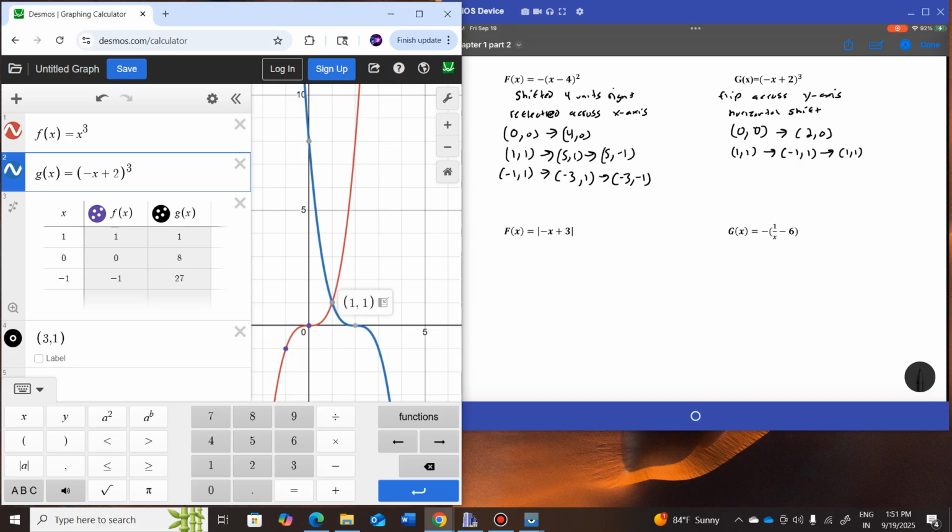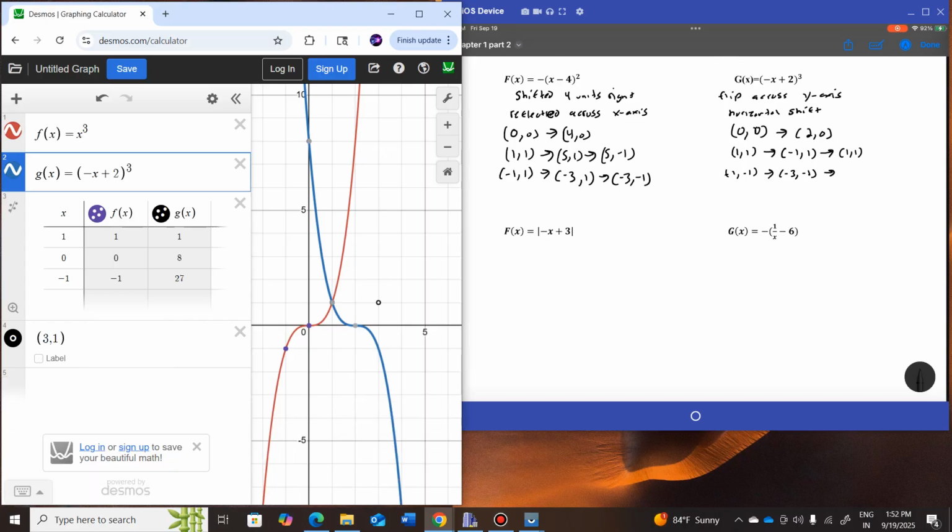Okay, and then (-1, -1) goes 2 units to the left, so it goes from -1 to -3, (-3, -1), and then gets shifted all the way to the other side at (3, -1). Right, and so that's how we get those 3 points for the blue, and then you have your graph, or you can make the graph.